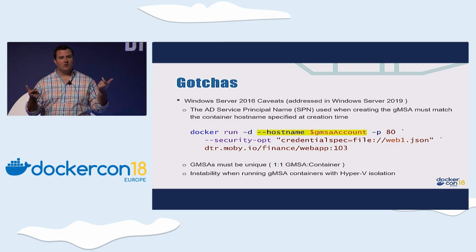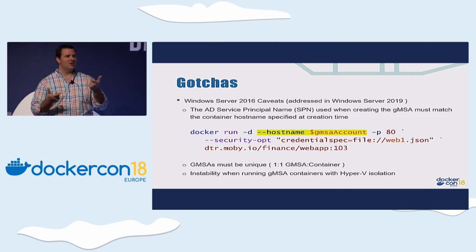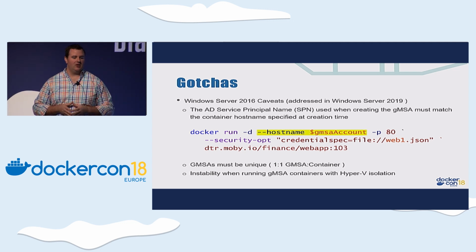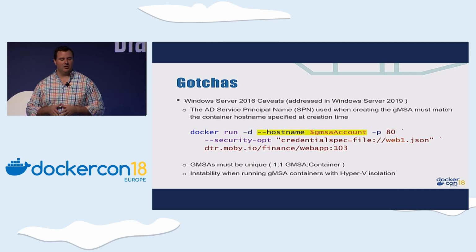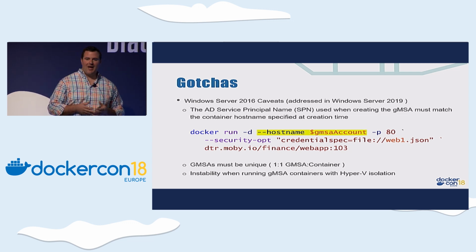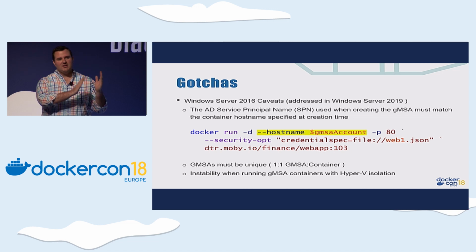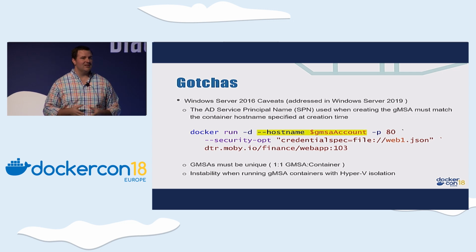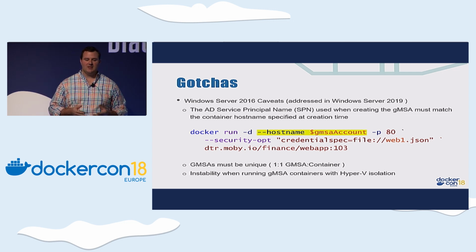If you get a mismatch there, very odd security errors pop up, and it's not going to be able to resolve and talk to the directory appropriately. So we have to have that --hostname, we add the name of the account, and we're good to go. Also, gMSAs must be unique, so there's a mapping of one gMSA to one container running in that environment. If you're trying to scale out to 10 instances of a web app, that's been a bit of a limitation in 2016, as we've got a one-to-one mapping today.